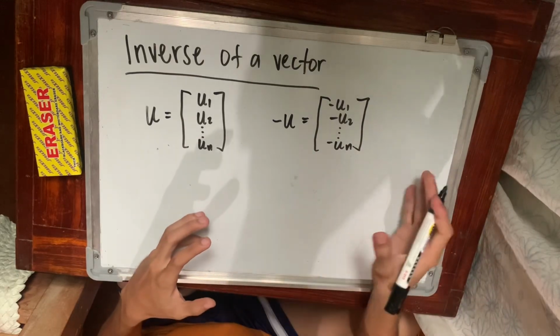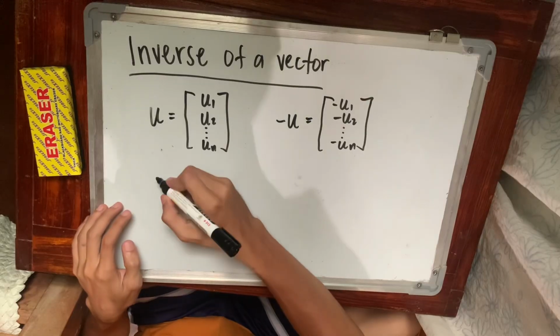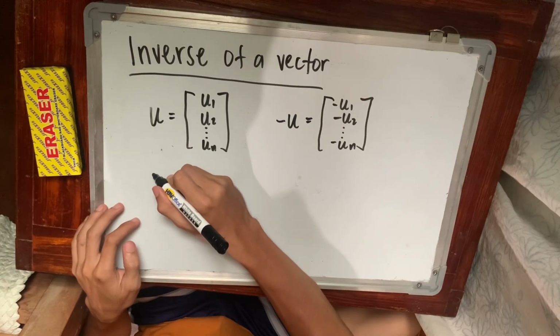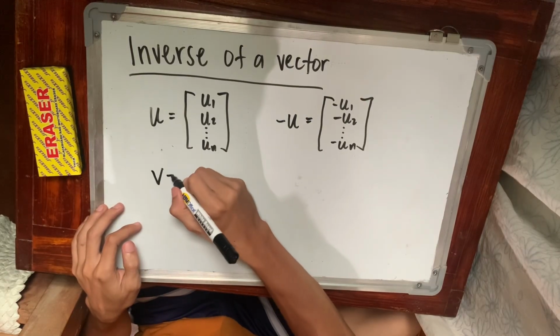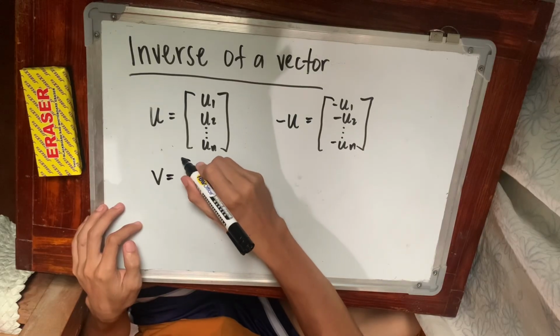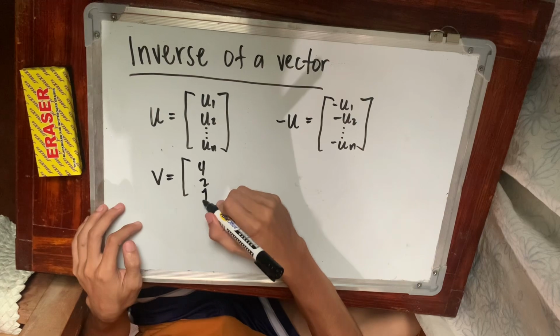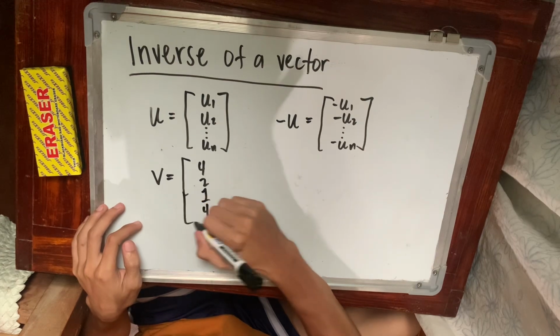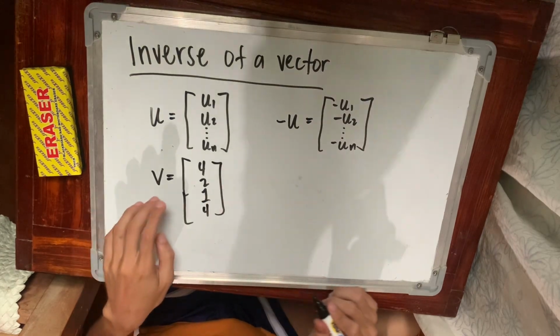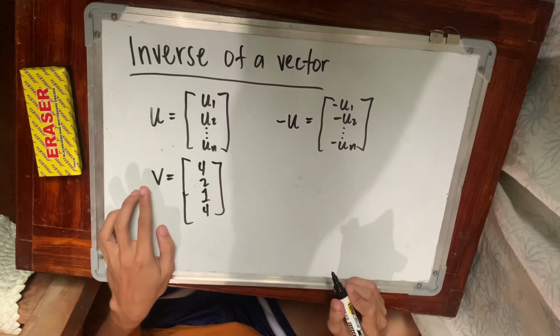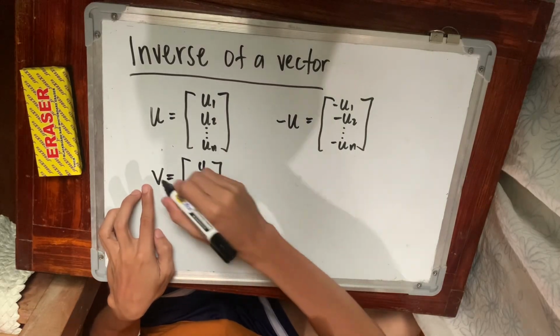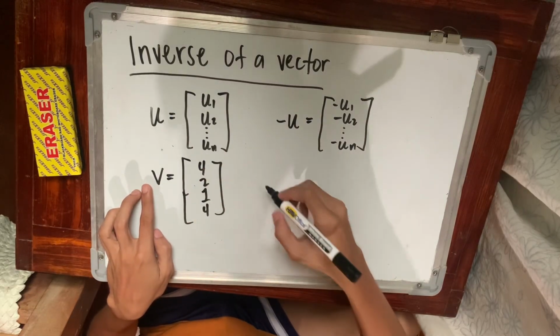So let's have some example. Suppose we have vector b is equal to 4, 2, 1, 4. If we want to take the inverse of this vector b, you just negate vector b.